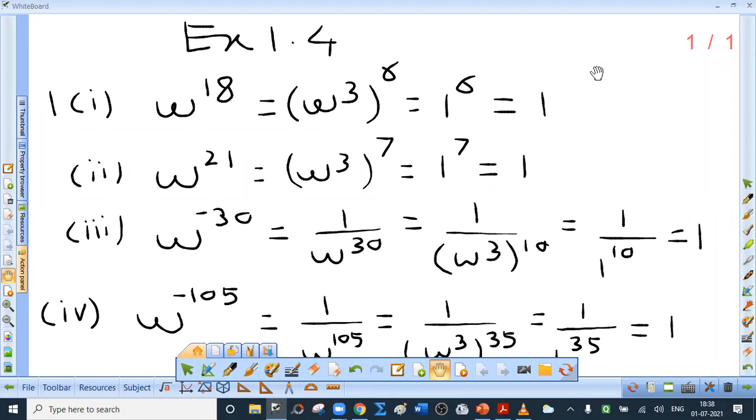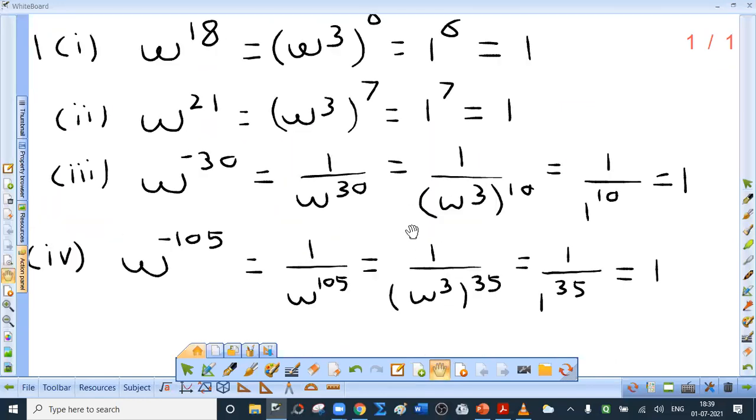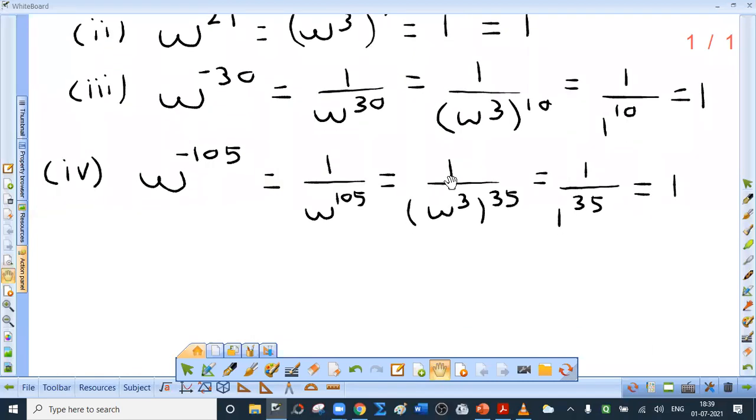Omega raised to minus 30, strictly you have to write this as 1 upon omega raised to 30, that is 1 upon omega cube raised to 10. Every time you have to say omega cube is 1, 1 raised to 10 is 1, so answer is 1. What is omega raised to minus 105? It is 1 upon omega raised to 105. Now 105 is multiple of 3. Omega cube is 1, 1 raised to 35 is 1. So what is the final answer? It is 1 only.